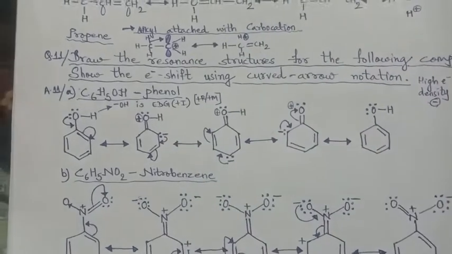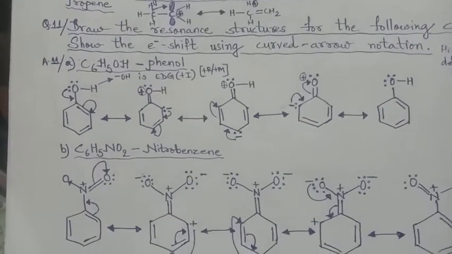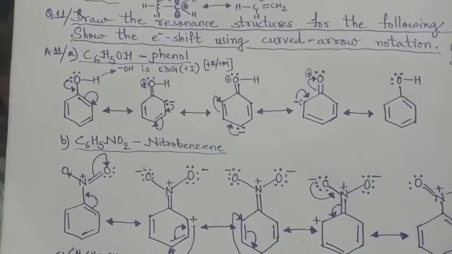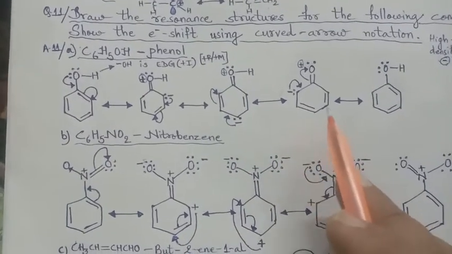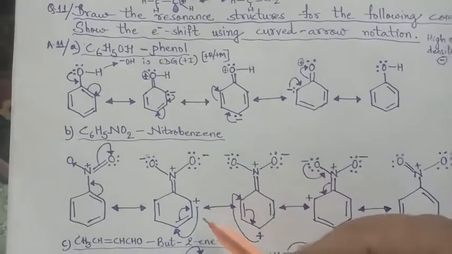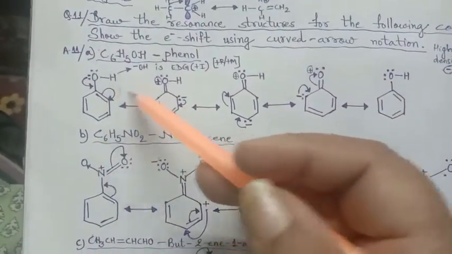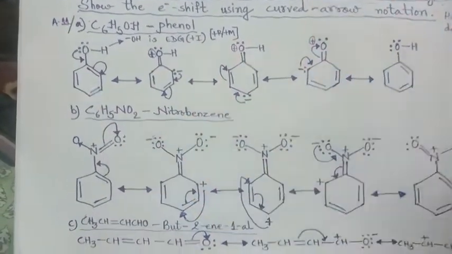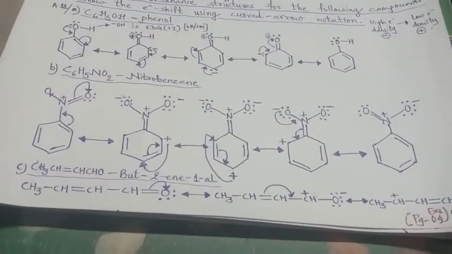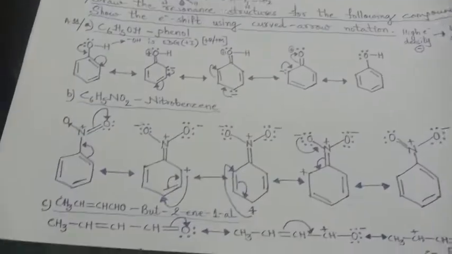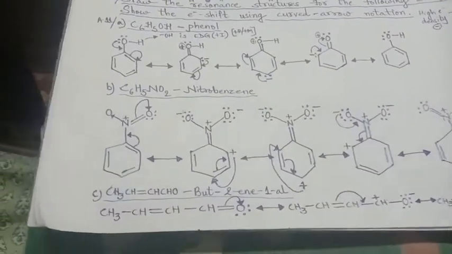We have already discussed all these resonance structures during our discussion of the topics, right? See, phenol also we have discussed, nitro also we have discussed. So please go through this and try to understand how it is taking place.